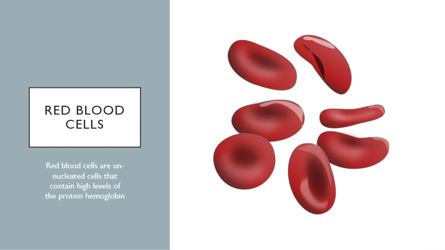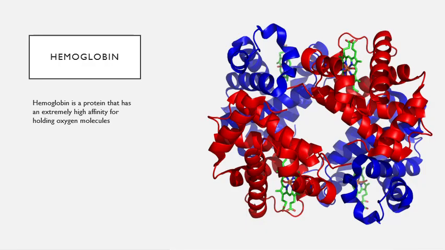Red blood cells are unnucleated. That is, they do not have their own nucleus. But they contain very, very high levels of a protein called hemoglobin. Hemoglobin's job, there's a picture of hemoglobin. You'll notice that there's a green, green, green, green. Each of those green sites is where it can carry an oxygen molecule.